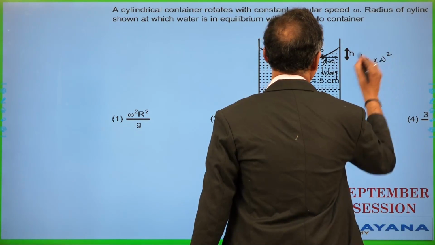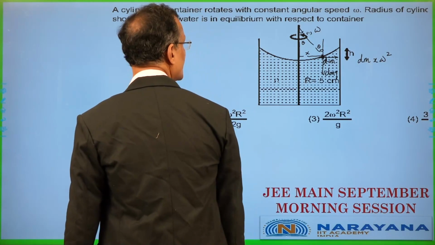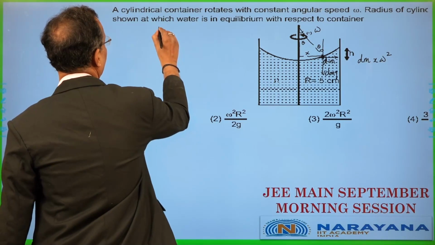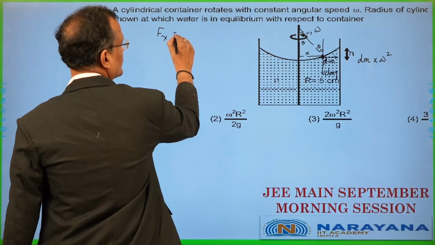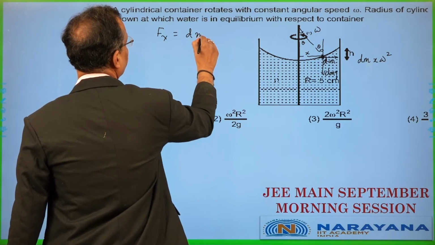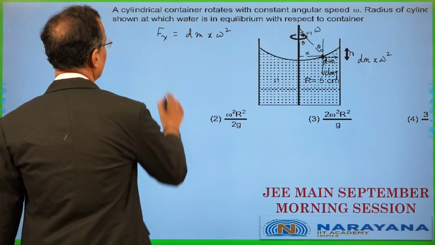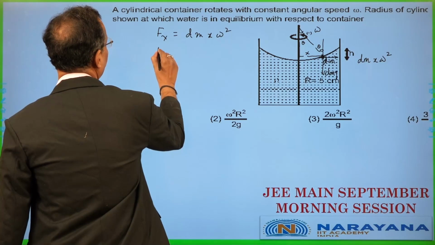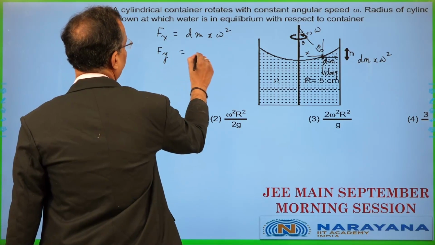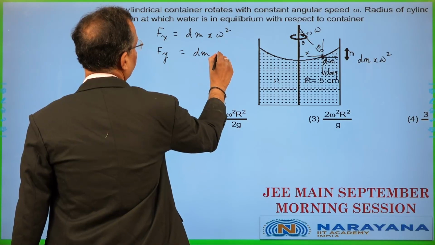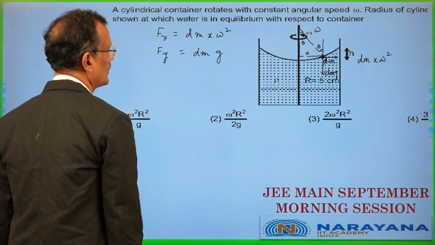dm x omega squared. So you have Fx equal to dm x omega squared and Fy will be equal to dm g. Clear?